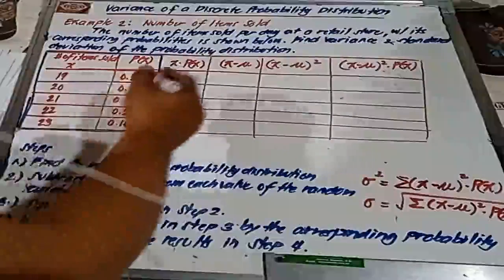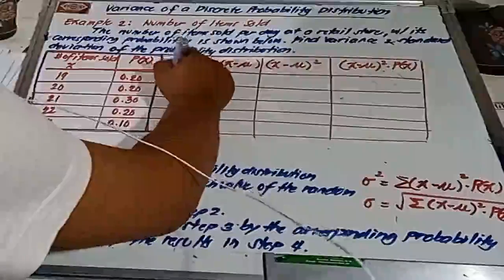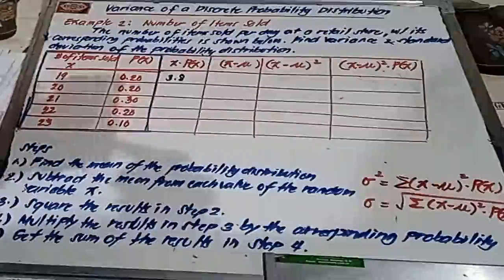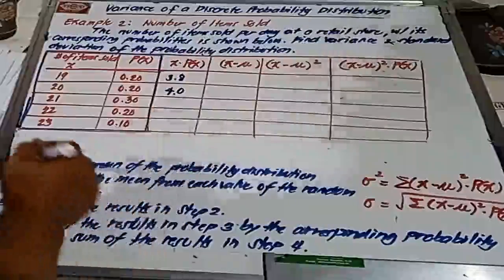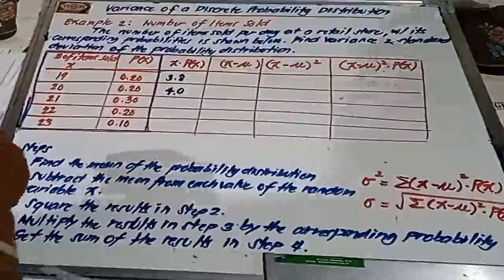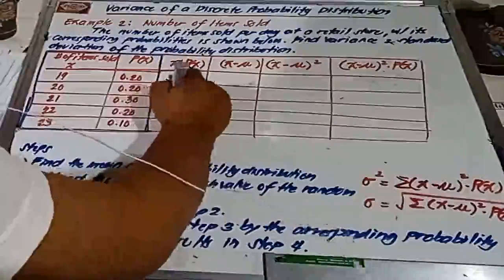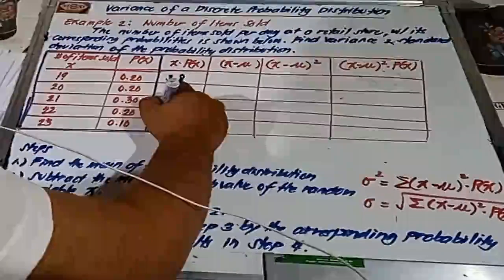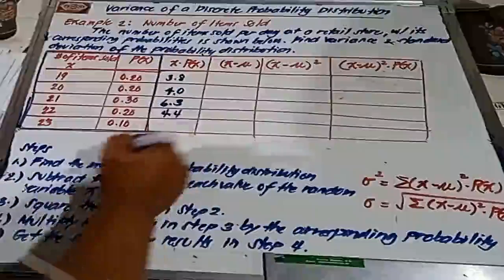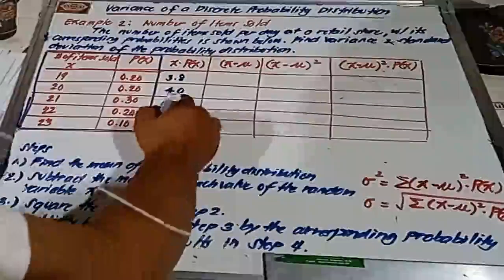So we have 3.8 here. And then 20 times 0.2, that will be 4, or 4.0. 21 times 0.3, that is 6.3. 22 times 0.2, that will be 4.4. And 23 times 0.1, that is 2.3.